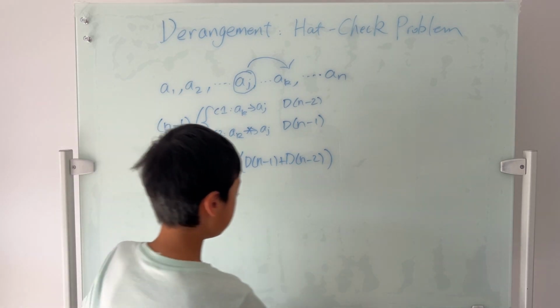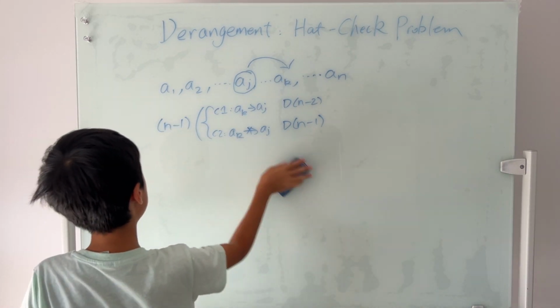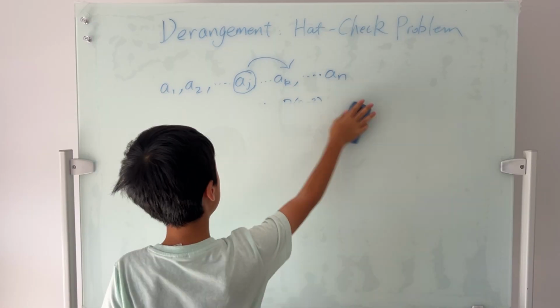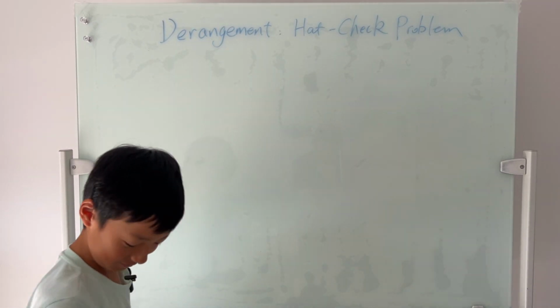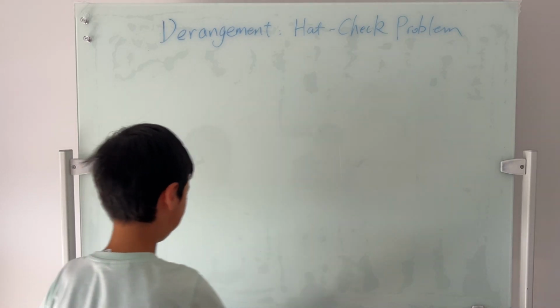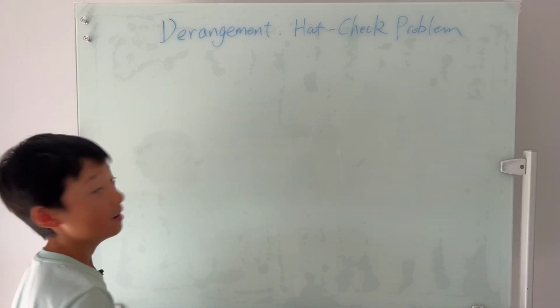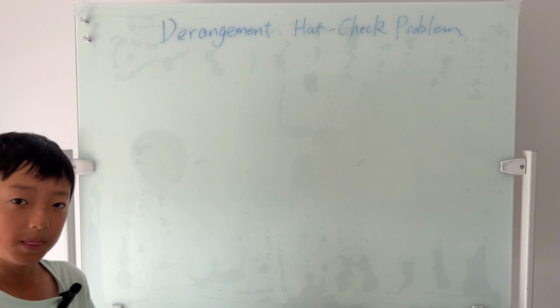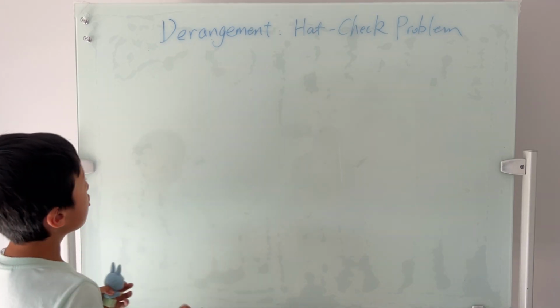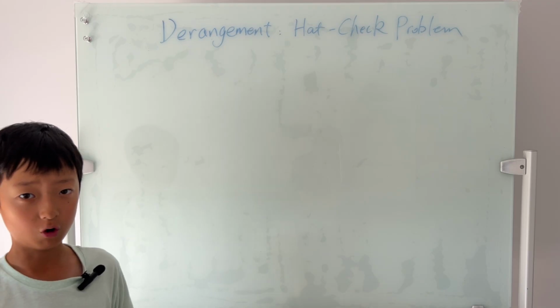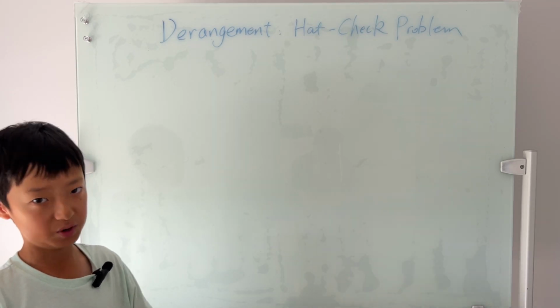So, now I'm going to prove the general form. For the general form, we're going to use something in set theory called IEP, the Inclusion-exclusion principle.